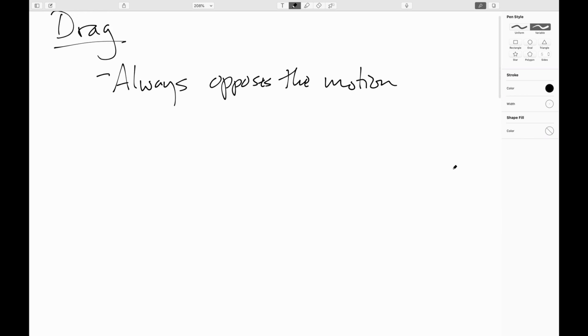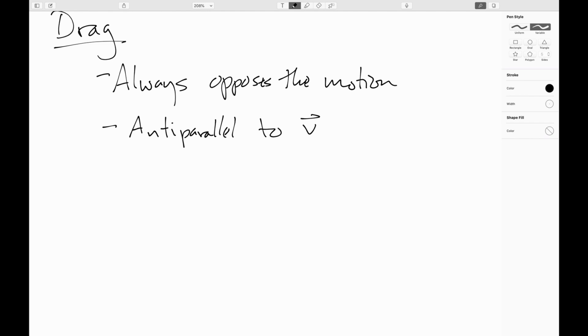I'm just going to say that we're going to assume still air. So it'll always be anti-parallel to the velocity in that case. And remember, anti-parallel is just a fancy way of saying it always points in exactly the opposite direction of the velocity.